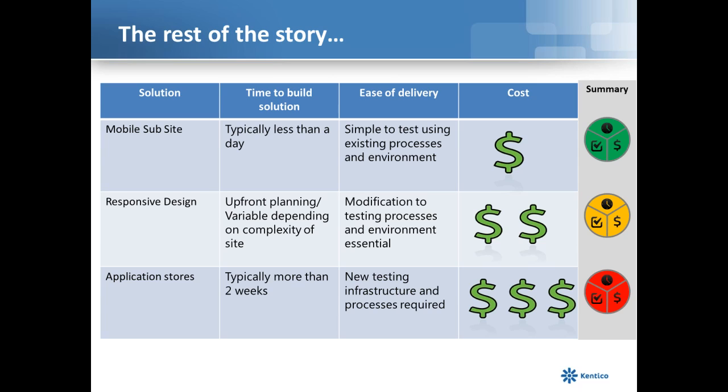You do need to think about testing processes, as you'll see in a few minutes, right? Because you're testing for devices or device groups, and you do want to think about how you're going to do that to make sure that app runs in a specific device group, whether it's iPhone, 300 pixels or 800 pixels. And then, last is this idea of application store.